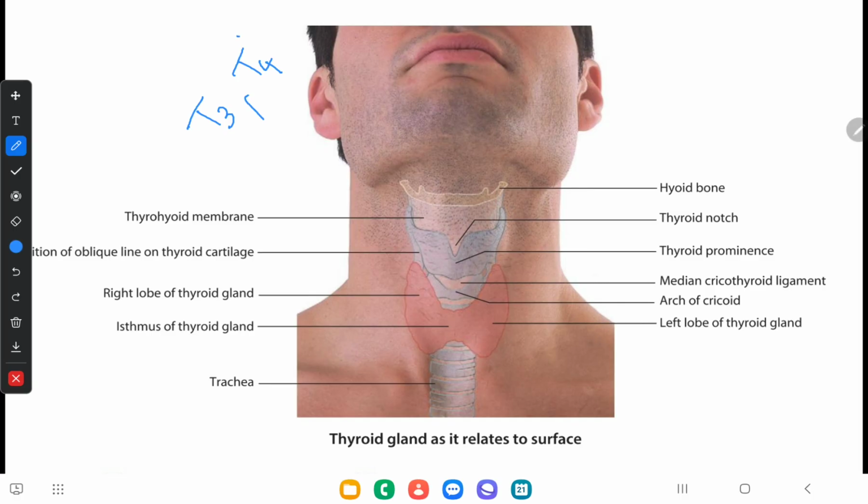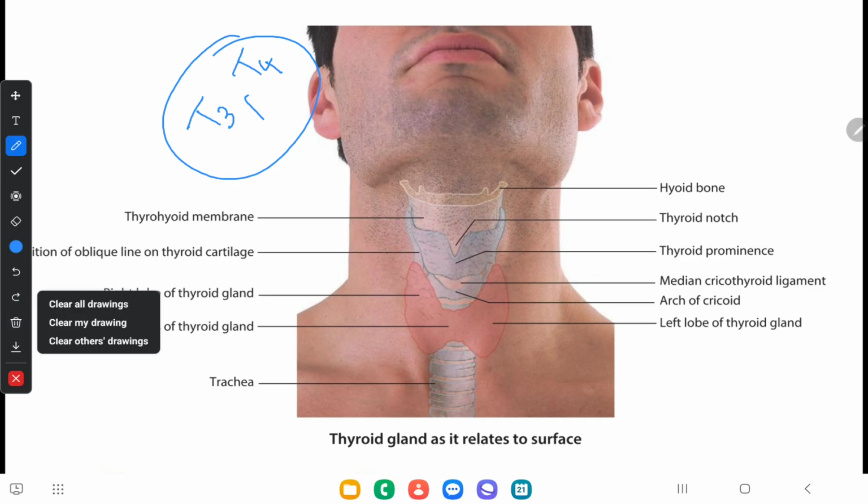These thyroid hormones are responsible for our basal metabolic rate. The hormones are stored in the follicles of the gland as thyroglobulin, and parafollicular cells secrete calcitonin, which is a hypocalcemic hormone. So let's discuss the general features of the thyroid gland.